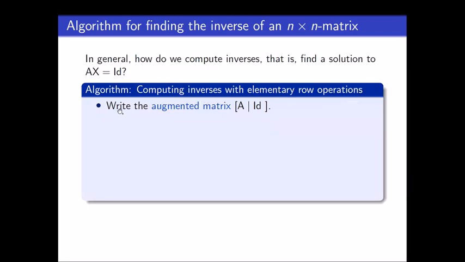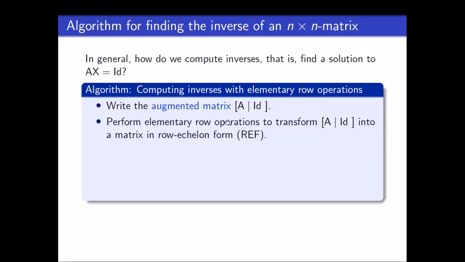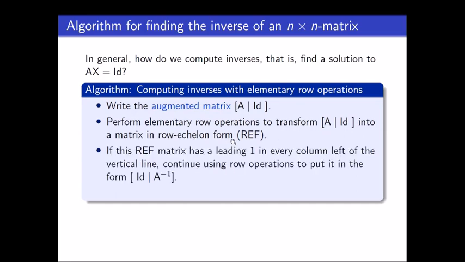The first step is to write an augmented matrix A concatenated with identity with a vertical separator line in the middle. And then we perform elementary row operations to transform this augmented matrix into a matrix in row echelon form.